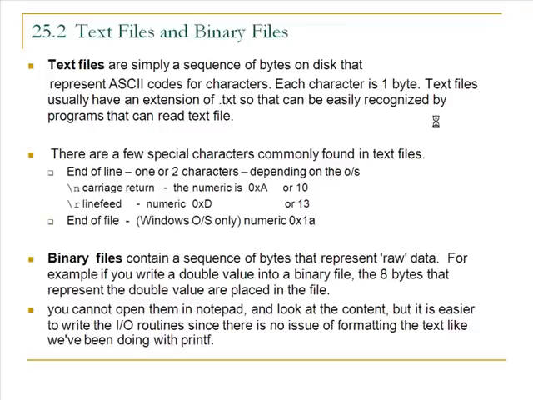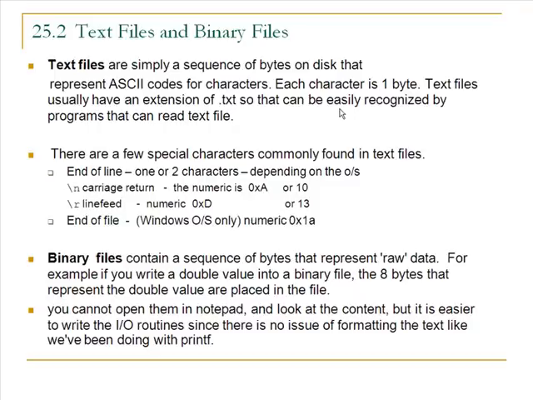There are two kinds of files that we're going to talk about, the text files and binary files. So text files are simply a sequence of bytes on the disk where each byte represents the ASCII code for some character.